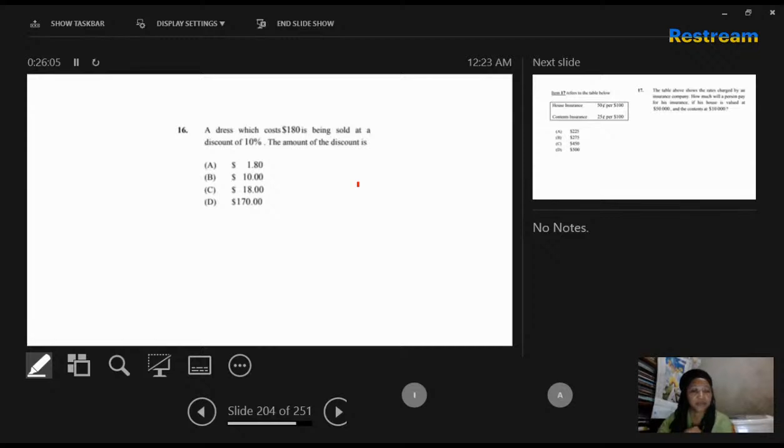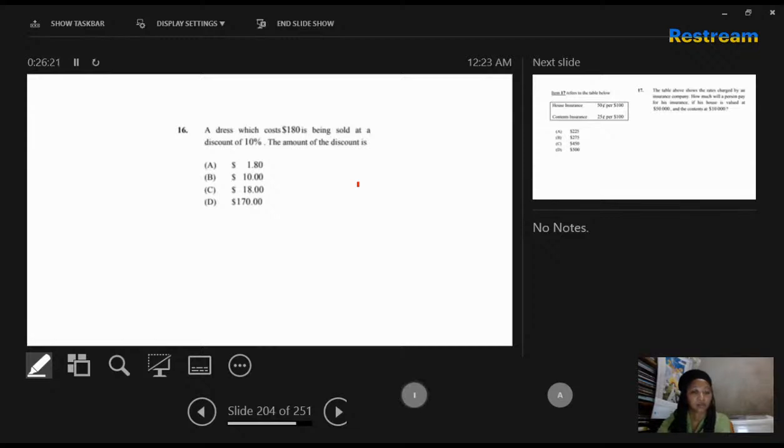Number 16. A dress costs $180 and is being sold at a discount of 10%.